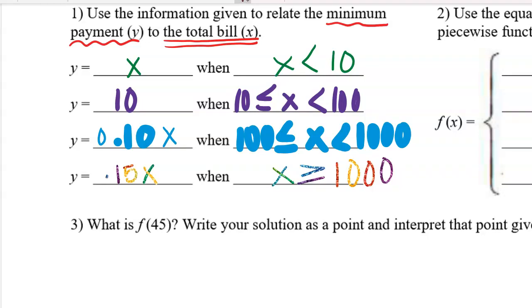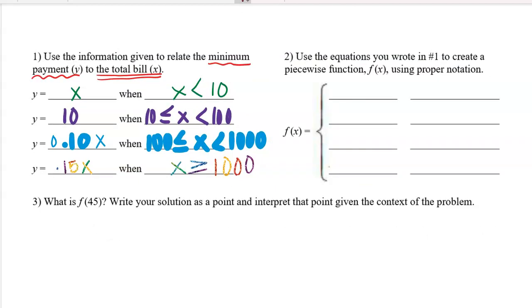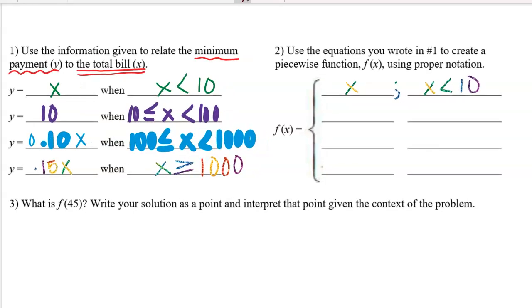So we took what's in the paragraph, we put it in simpler language, and now we have to do the correct piecewise format. Piecewise format, guys, only one y or one f of x, and everything else should be exactly the same. X, and then comma or semicolon here, when x is going to be less than 10. Then the next one is 10, $10 is due if we owe between $10 and $100.